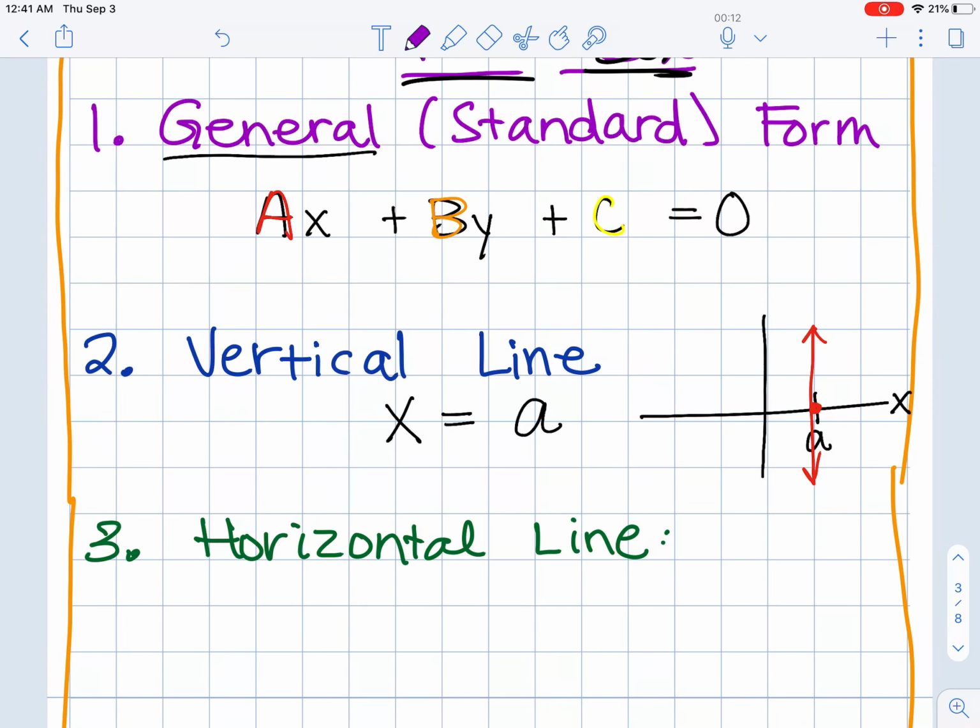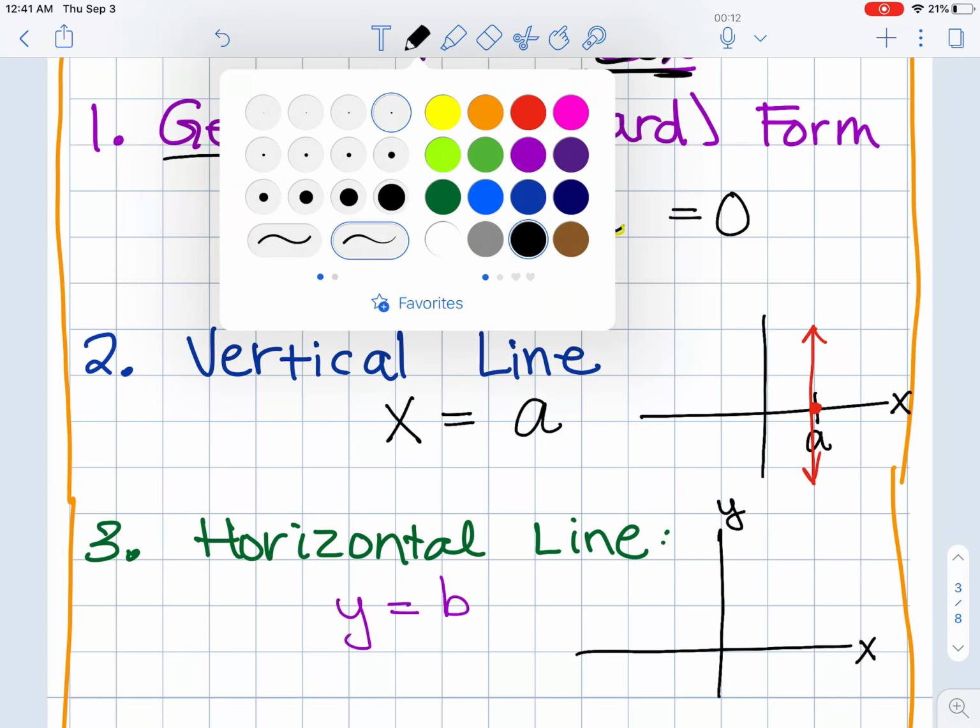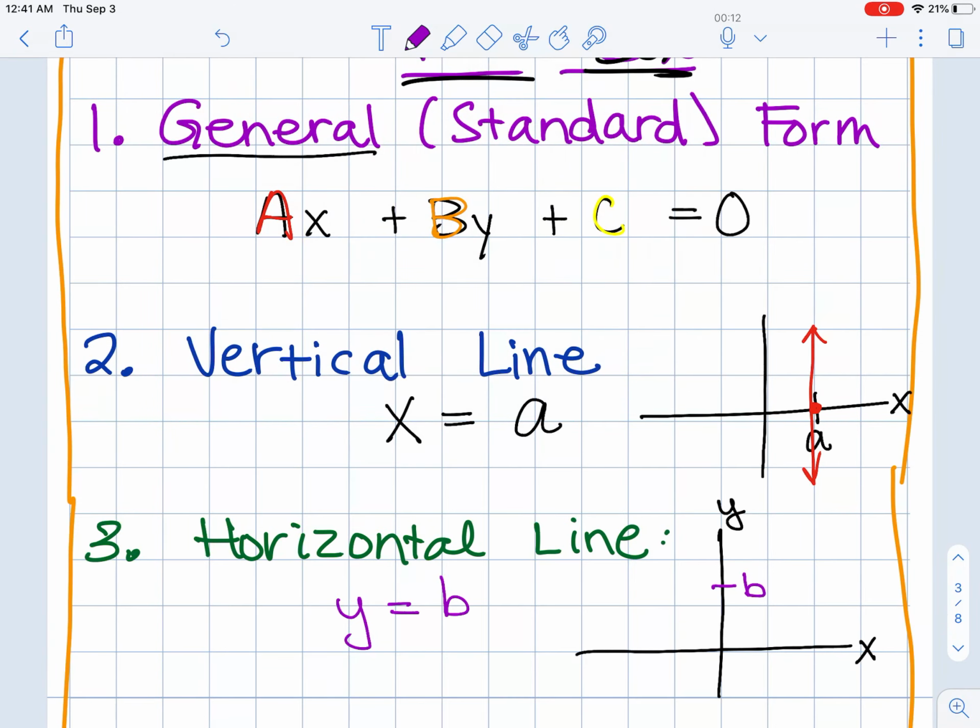A horizontal line is y equals b. So b could be any number for the value of y. Let's look at that on a graph as well. Here's the y-axis, here's the x-axis. Let's just pick a random value for b. And if y always equals b, let's put our dot there.